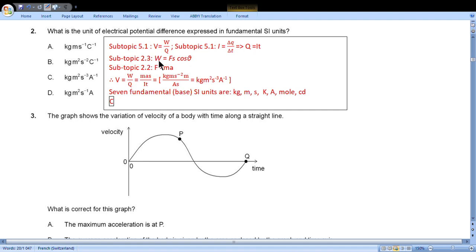Subtopic 2.3: work equals force times distance. Subtopic 2.2: force equals mass times acceleration. So combining all these formulas, we get V equals W over Q, W equals F times S, or m a s, and Q equals I t. Substituting the units, we get choice C.